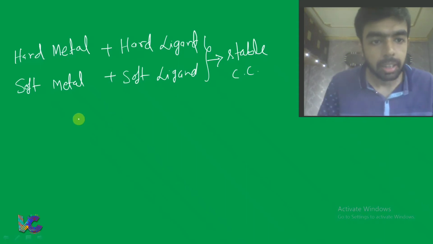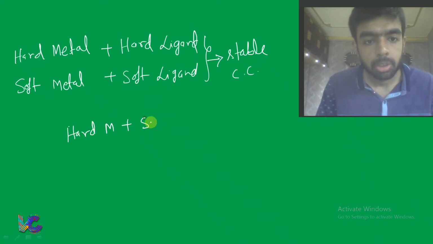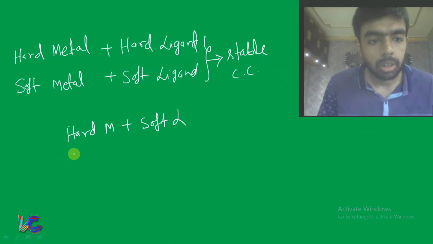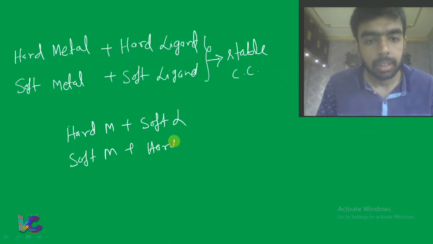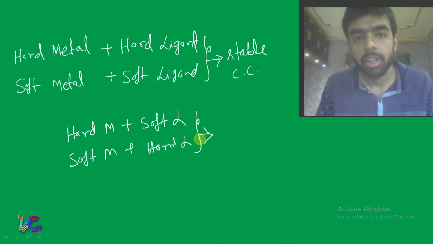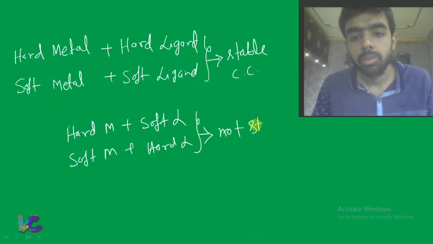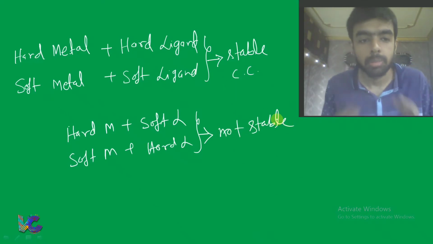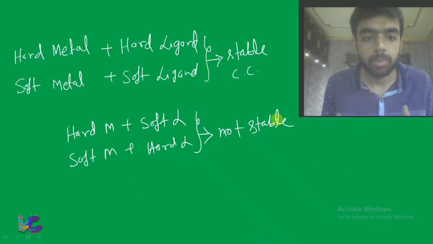But if you take the combination of a hard metal plus a soft ligand, or a soft metal and a hard ligand, that means you have a hard-soft combination. According to the HSAB principle, this will lead to an unstable coordination compound. Hard metal with soft ligand, or soft metal with hard ligand, will not lead to a stable coordination compound.